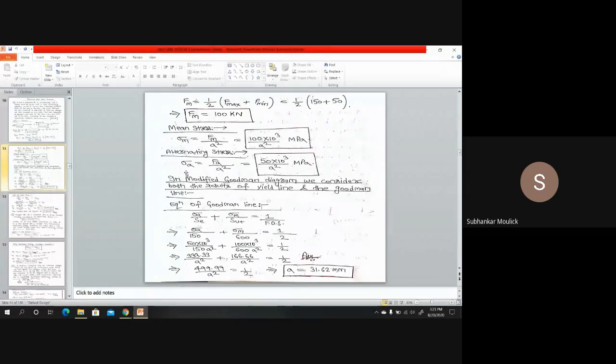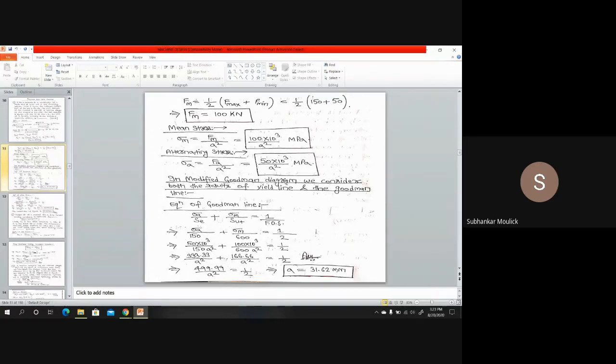This is your sigma m. Alternating stress sigma A is what? That is alternating force by cross sectional area of the square. Again, that is side square. So FA by A square. FA again I know that is 50 kilonewton. So 50 into 10 to the power 3 divided by A square megapascal.